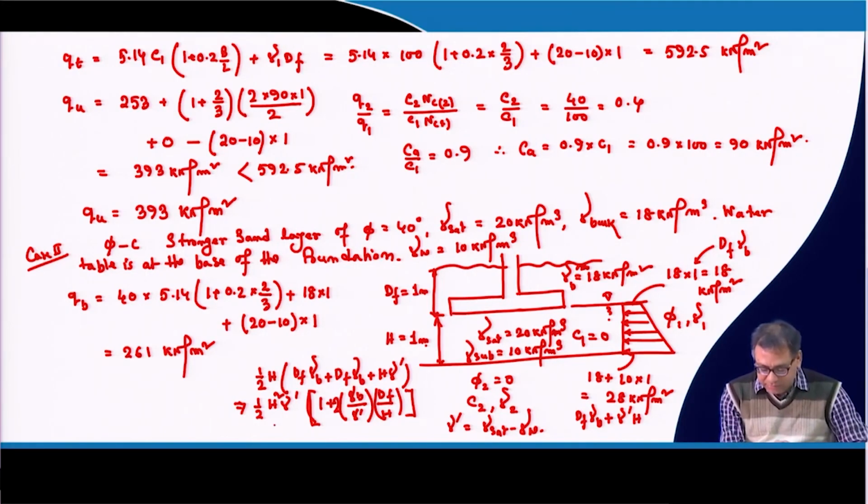Then this part will be your 1, then dF gamma bulk plus dF gamma bulk, this will be twice gamma bulk divided by gamma sub into dF by H.